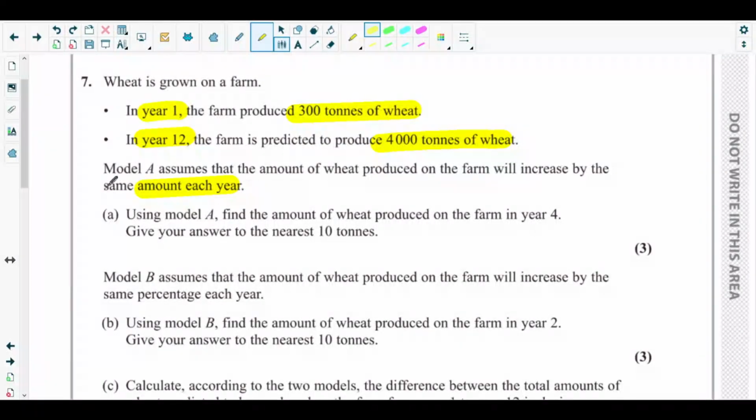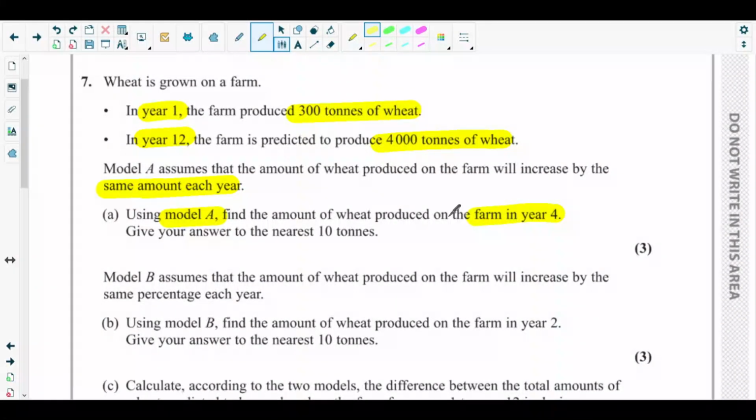It says same amount, not same rate. That means this model A is basically an arithmetic progression, right?